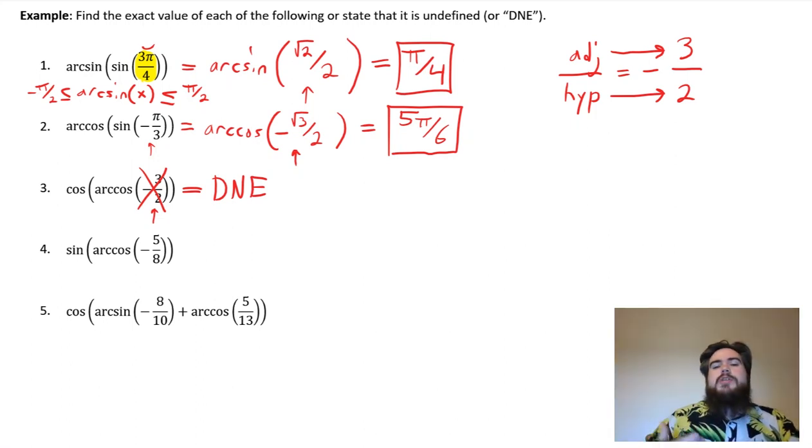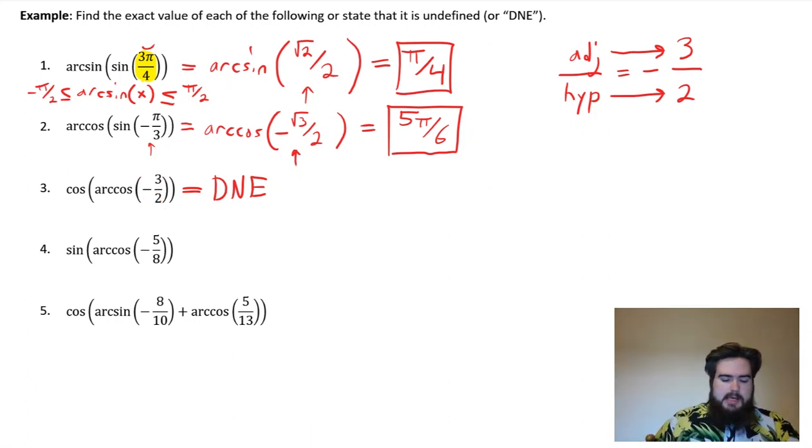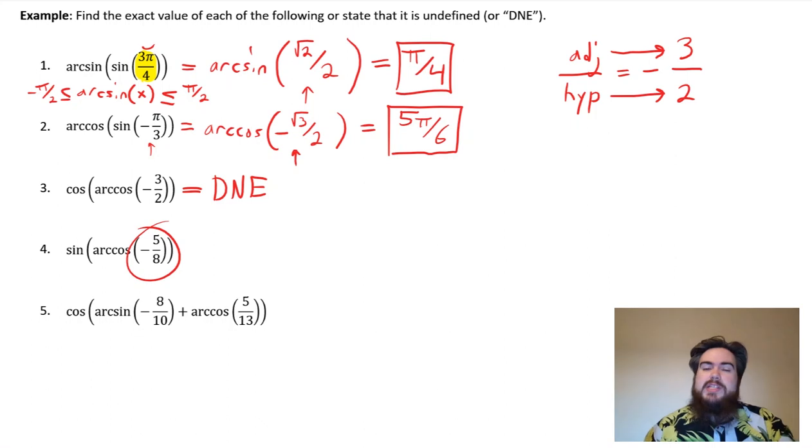When you put a ratio inside of an inverse function, in terms of arc sine and arc cosine, it would have to be between -1 and 1. And -3/2 does not exist between -1 and 1. For the next one, I have sine of arc cosine of -5/8. That ratio does exist.